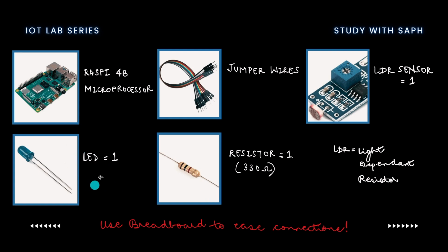Whenever we use an LED, we need a current limiting resistor accordingly. In this case, we are just using a single LED and a single resistor. And finally, to make all the connections, we require jumper wires, and it is recommended to use a breadboard to ease the connections. Now, LDR stands for light dependent resistor.